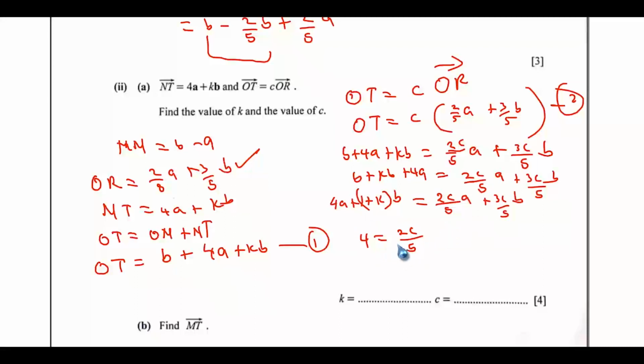You can cross multiply: I'll have 20 equal to 2C, and C will be equal to 10.